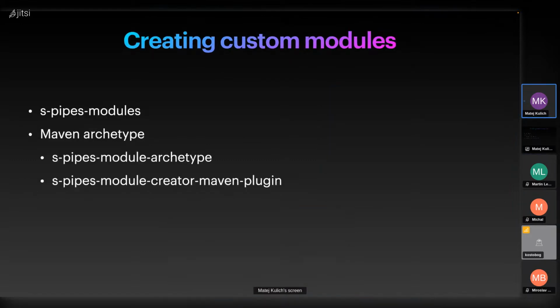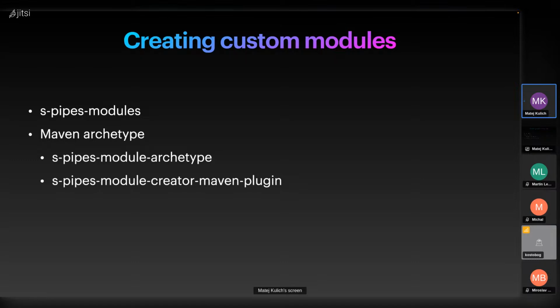While S-Pipes comes with many useful modules, sometimes you may need to create custom modules to fit your specific needs. Creating a custom module is simple as it is developed using Java, and it is automatically generated. When we create a new module, we have to include information about the new module in another repository, S-Pipes modules.